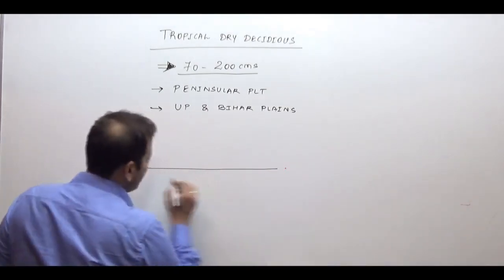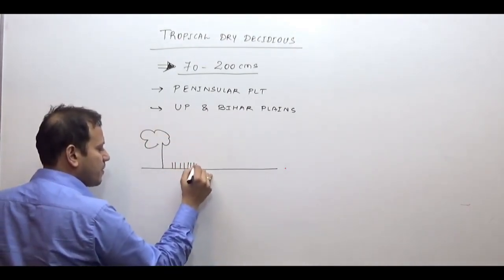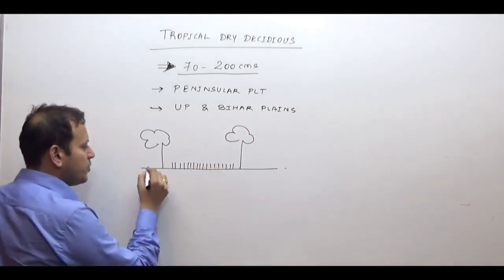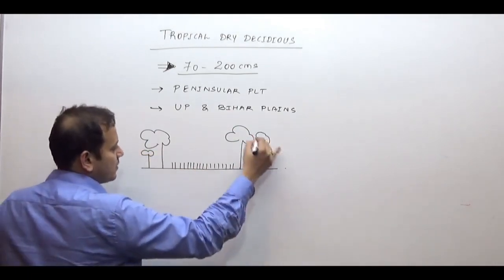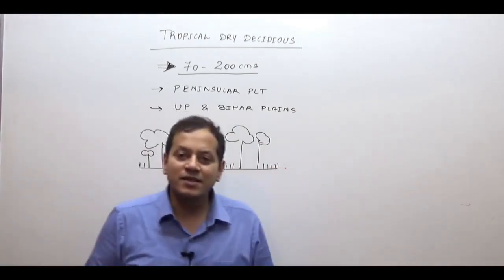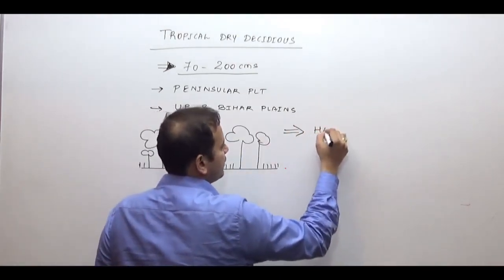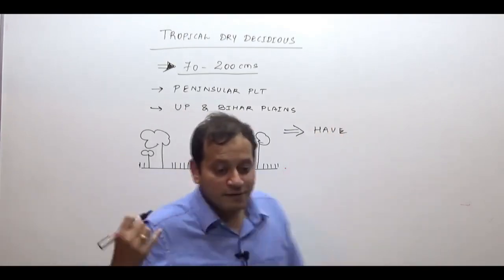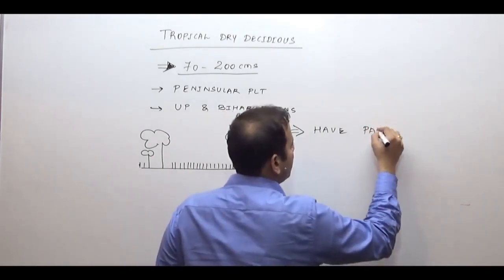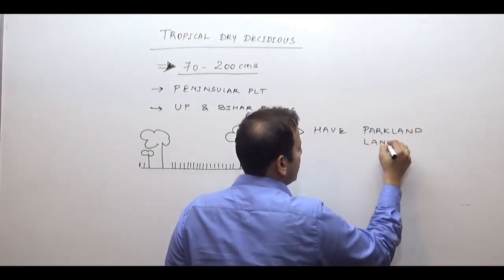Now, what is important about the dry deciduous forest? In this forest, there are trees and then there is grass to a larger extent. Where you see trees and grasses simultaneously, you generally see this in gardens. Therefore, we say this tropical dry deciduous forest has the landscape of a park, a parkland landscape.